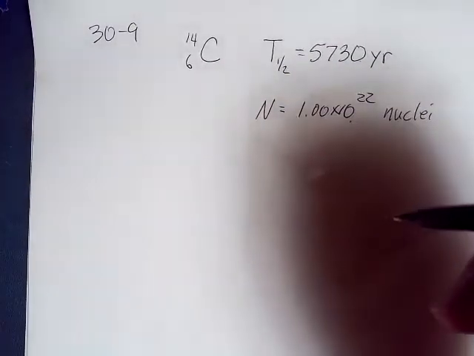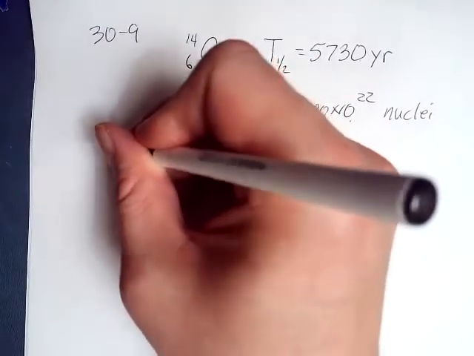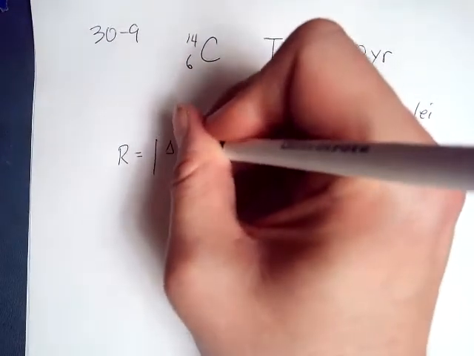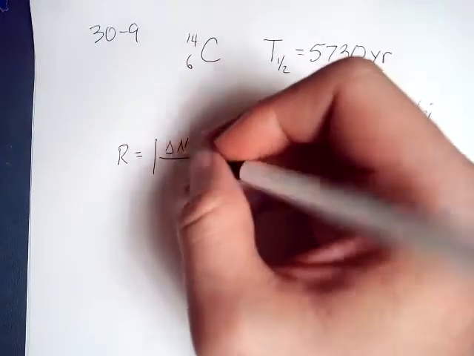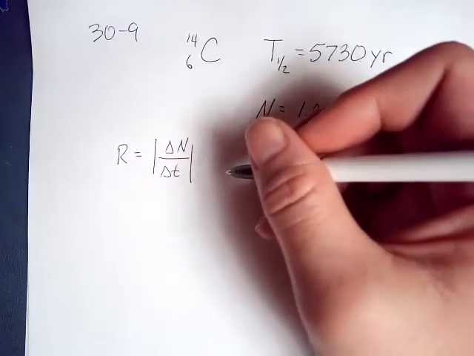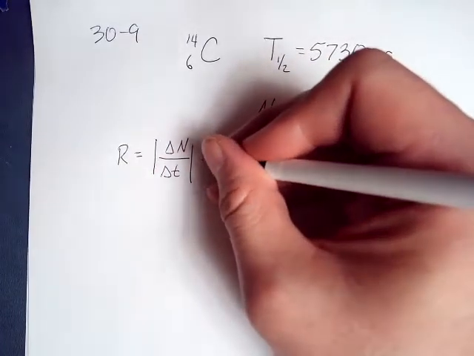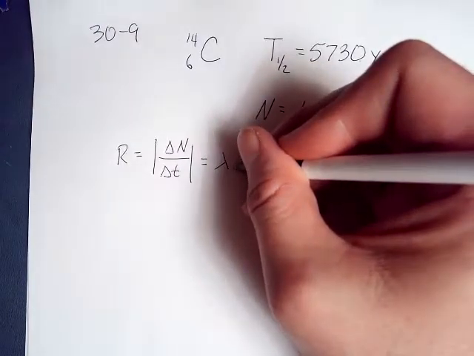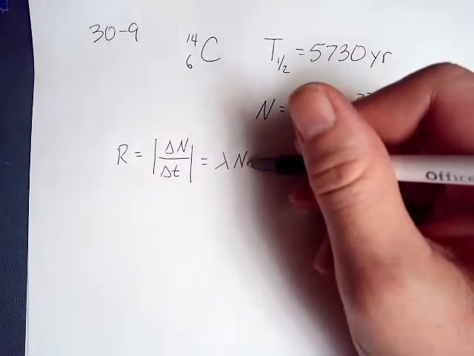Okay. So the activity, which is defined as the absolute magnitude of the change in the number of nuclei divided by the change in time, is equal to lambda times the number of nuclei at any time I choose.